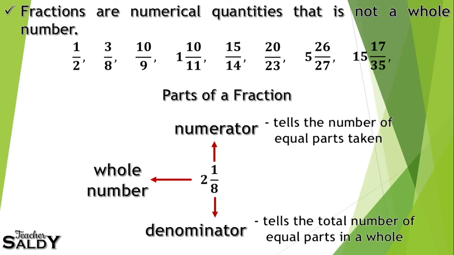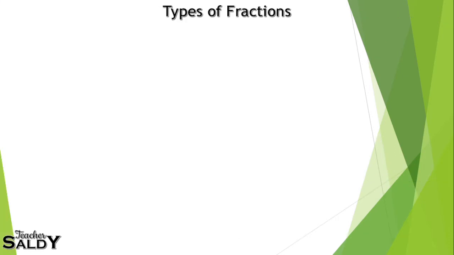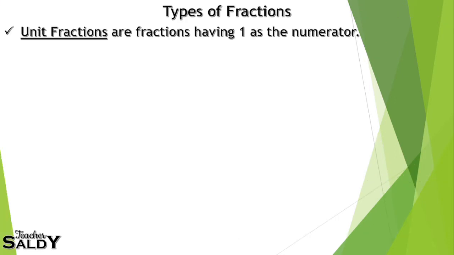And then we have 2 as the whole number. And lastly, the bar line in between the numerator and the denominator is what we call vinculum, the line that separates the numerator and denominator. In other references, it is called virgule.